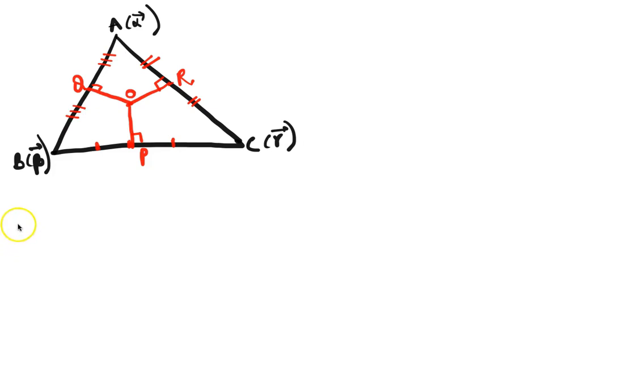Before we go there, let's look at some properties of a perpendicular bisector. Suppose we have a line segment AB and a point P such that AP equals PB, and the line through P is a perpendicular bisector.